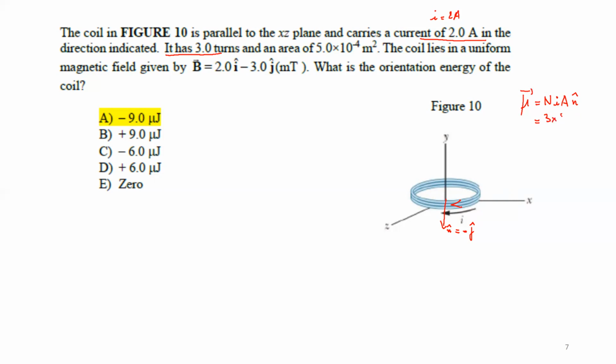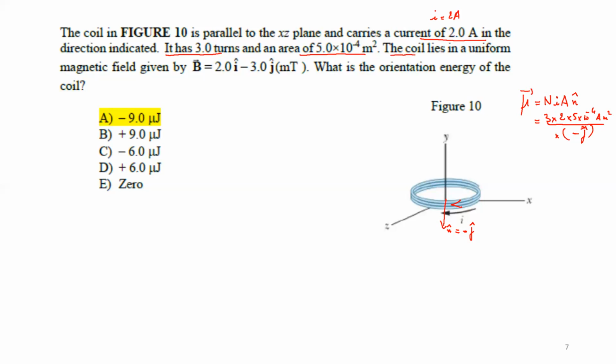The current is 2 amp. Area is given here, 5 10 to the power minus 4. Of course, the units are amperes meter squared, and N hat is just minus j hat. So this is my magnetic dipole moment. It's along minus j hat and it has this magnitude.